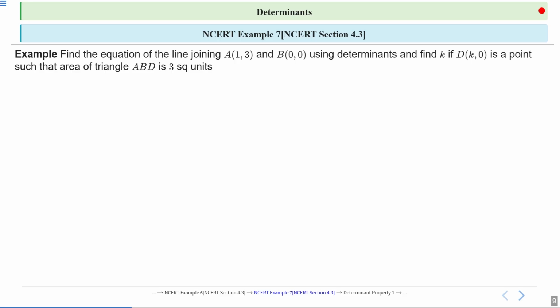And then find k if the point D (k, 0) is a point such that the area of triangle ABD is 3 square units. So at first find the equation of the line with points A and B, and then find the value of k if these 3 points make a triangle whose area is 3 square units. Okay, so try.